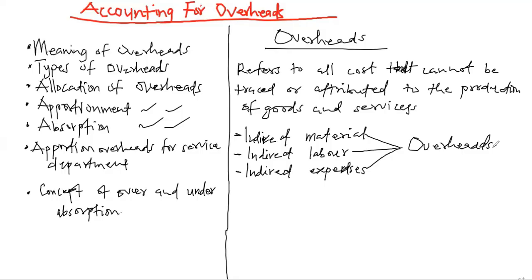That is, we have indirect costs that are for the production department, and we have indirect costs that are not for the production department.